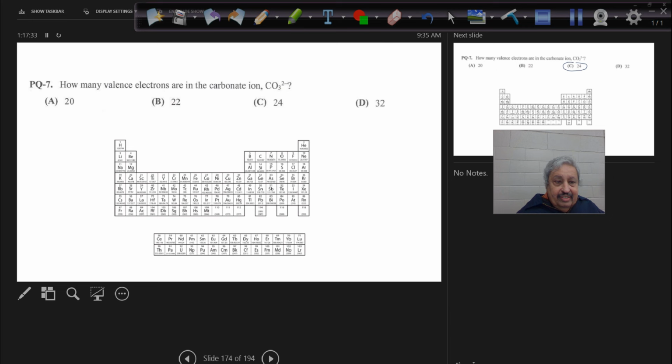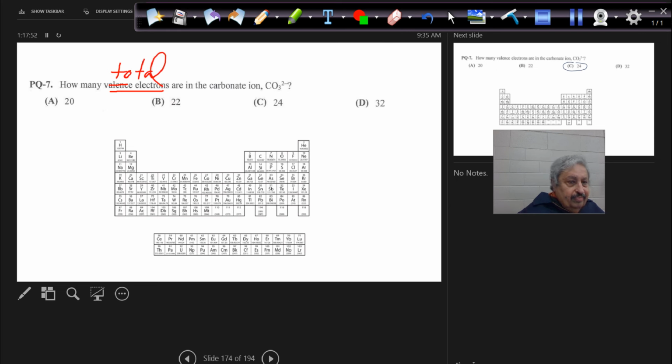Those are not valence electrons. Valence electrons are found in the last outer shell. It has to be not valence, but total. So we'll switch to total, because valence electrons are just the ones found in the outermost orbital or shell. So how many?